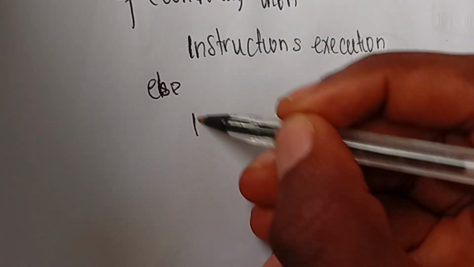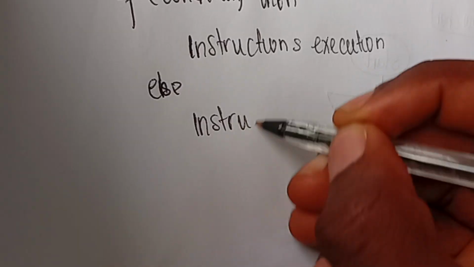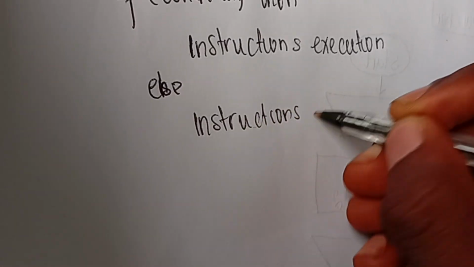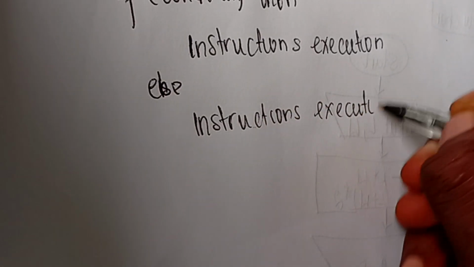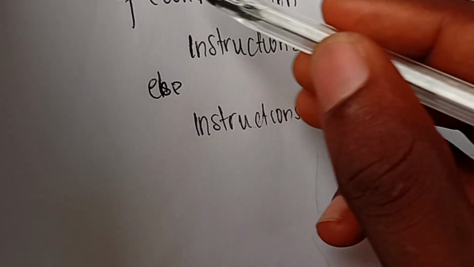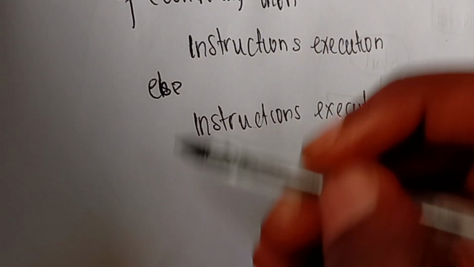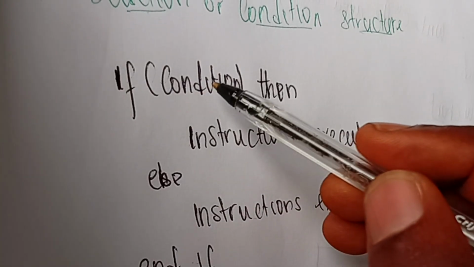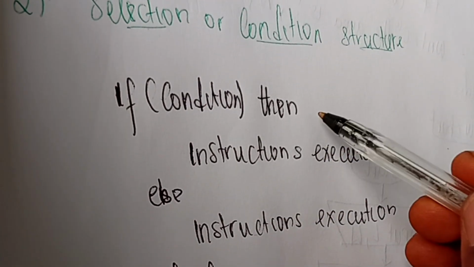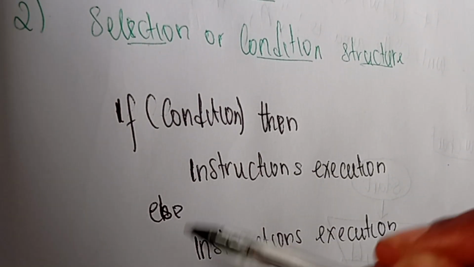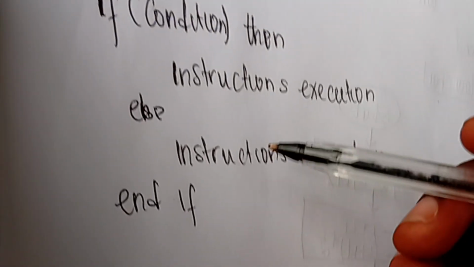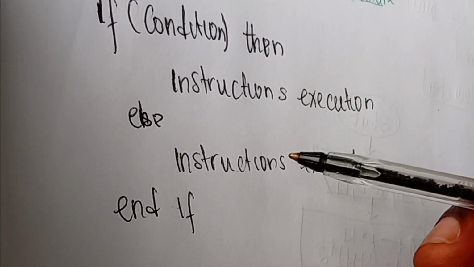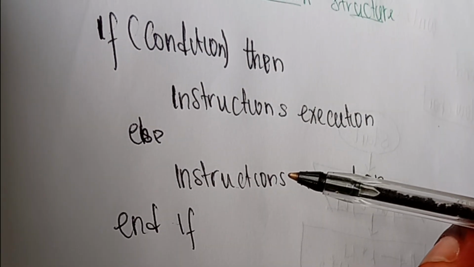Else instruction execution. So the computer has the right to pick a certain set of instructions. If this condition turns out to be true, this should happen, and if it turns out to be false, this should happen. So that's just the basic structure of an if else statement.